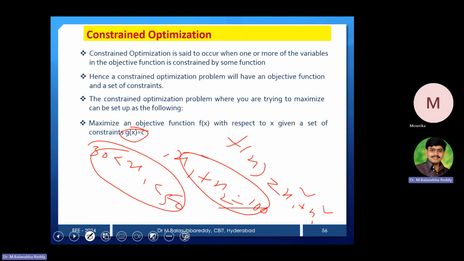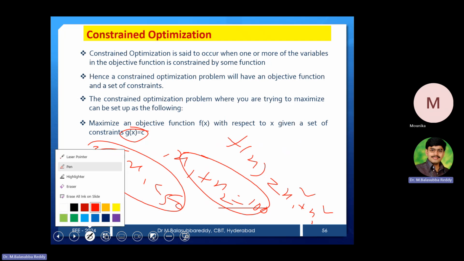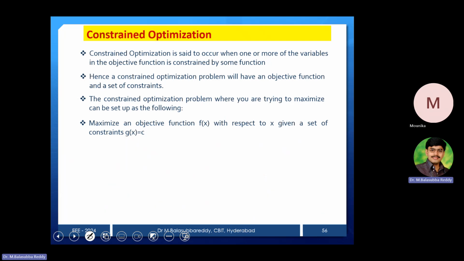Any problem has to meet these constraints to give our final optimal value of the objective function. So we consider that it is subject to the constraints as well. One is the equality constraint, and another is the inequality constraint.